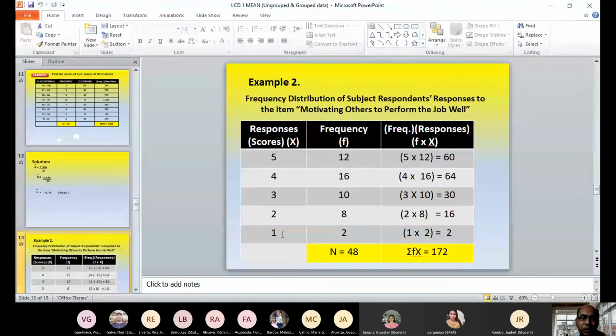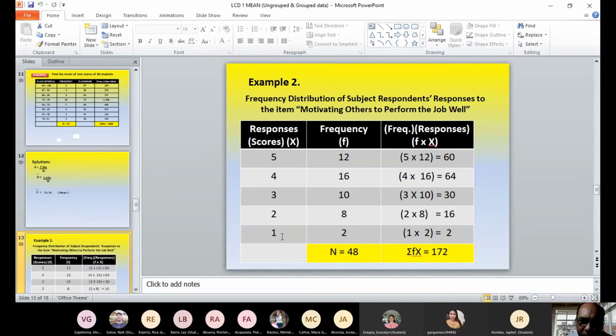For example, the responses, ang scores 5 is the highest, meaning to say always. Ang 4 is often. Ang 3, sometimes. Ang 2, rarely. Ang 1 is almost never. We cannot say never, directly the word never. Kaya our interpretation, magsiling kita never, wala nagidya nag-answer, why answer?